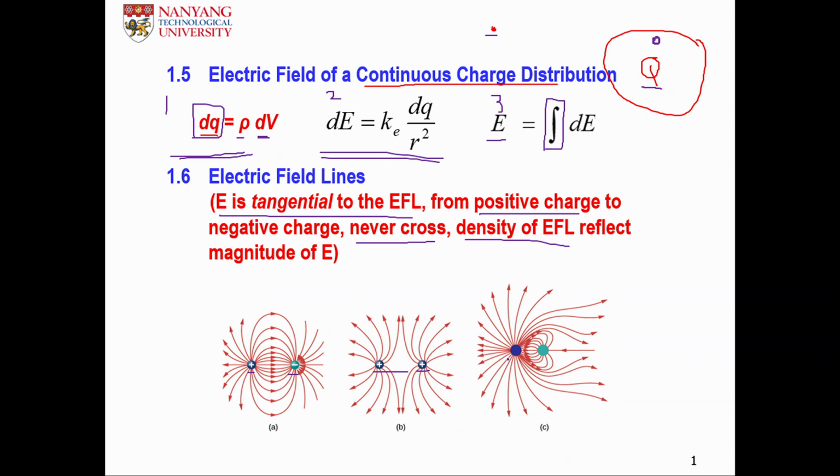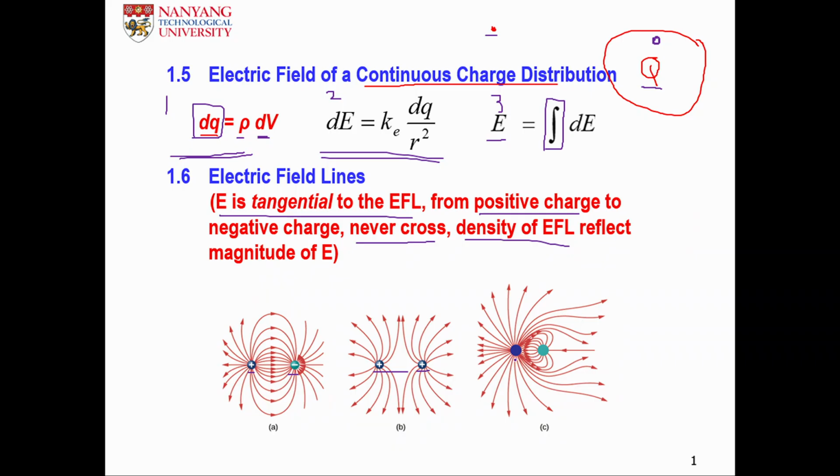Let's say in this case, you have two charges, a blue one and a green one. Based on this given electrical field line, can you tell me, first of all, the charge polarity of these two charges? The blue one, positive or negative? The green one, positive or negative? First of all, charge polarity.